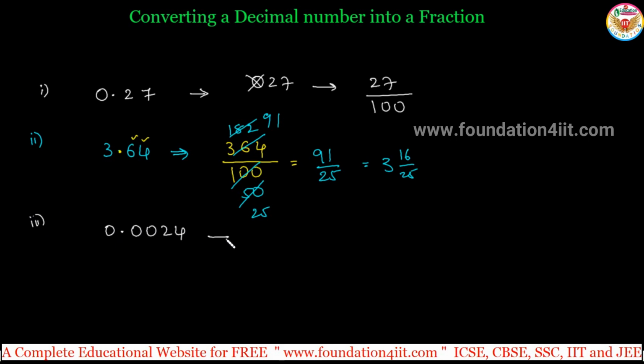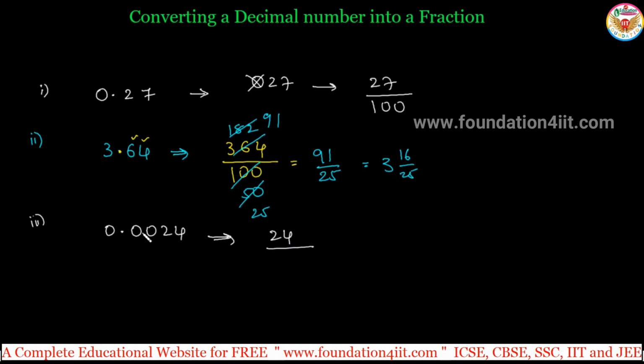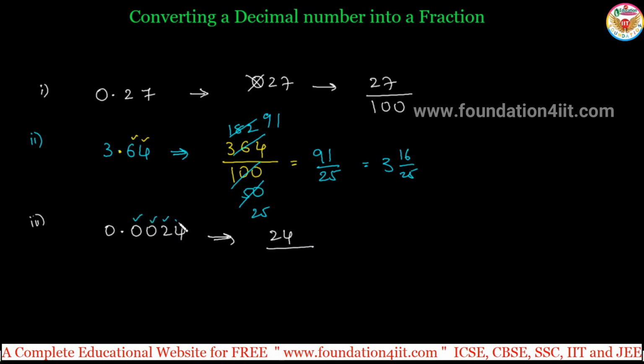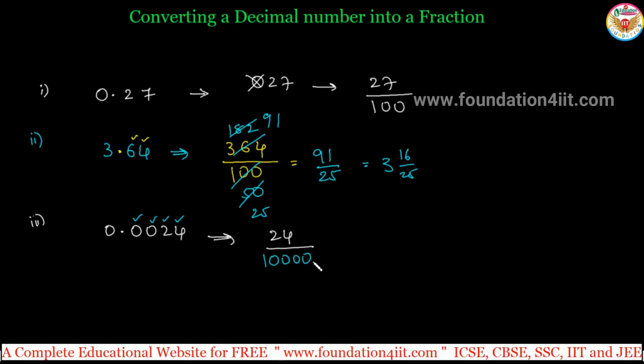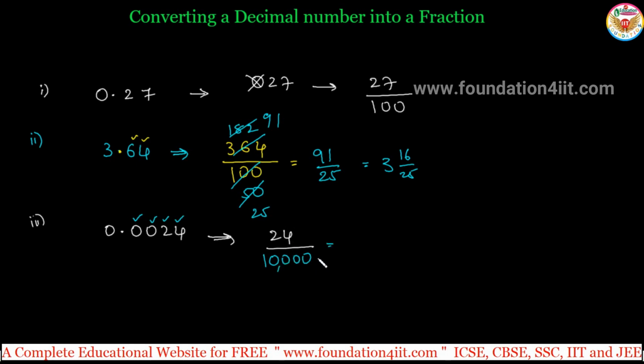Even 0.0024 is there. So just write 24 by. Don't take 0.0024 as it is; 24 divided by 1 with zeros for the number of decimals after the point. Even the leading zeros should be counted. Total 4 decimal places after the point. So after 1 you write 4 zeros. Then you can simplify this. 24 by 10,000 we can cancel with the 2 table. Okay, that you can do.